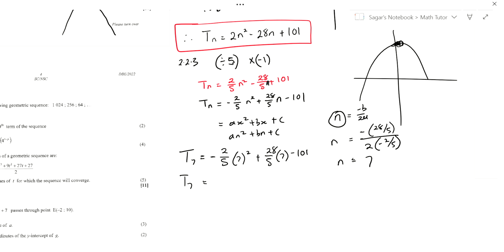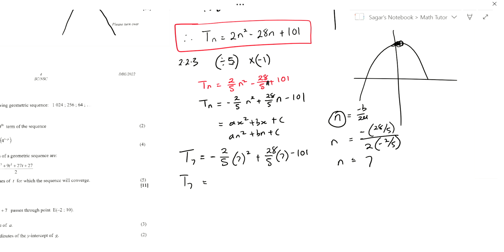And your 7th term, or your maximum term of the sequence, will be, let me put this into the calculator. Something is not right there.